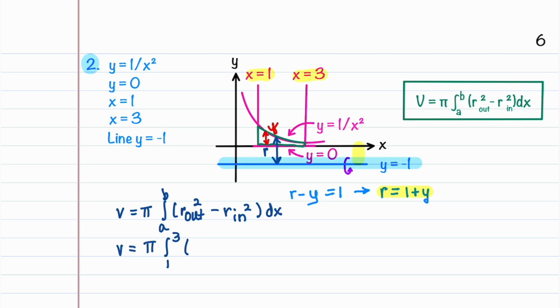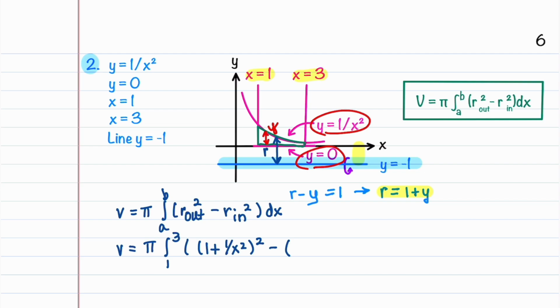Our outer radius corresponds to our top curve, so this is going to be 1 plus 1 over x squared, quantity squared. And then we're going to subtract off our inner radius. Our inner radius is actually a lot easier, and it corresponds to the curve y is equal to 0.